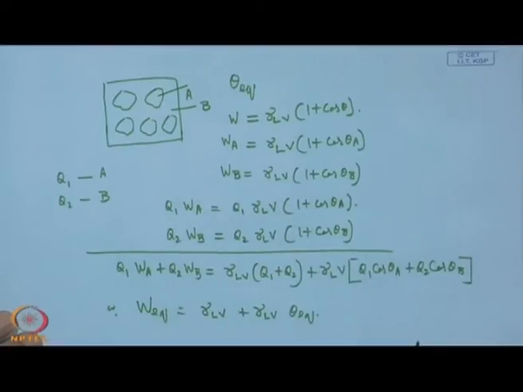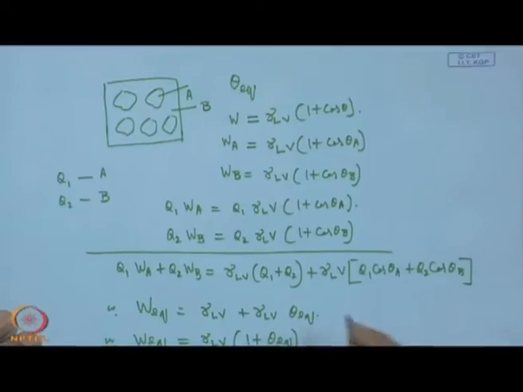This is in the same form as the combined form of the Young-Dupre equation, that means 1 plus cos theta equivalent. So, from there we can write cos theta equivalent is equal to Q1 cos theta A plus Q2 cos theta B.